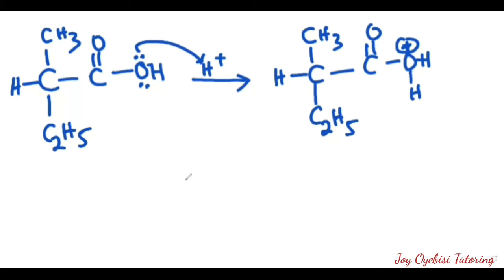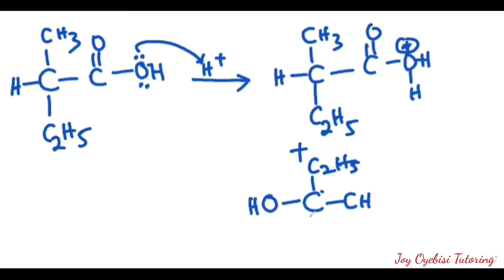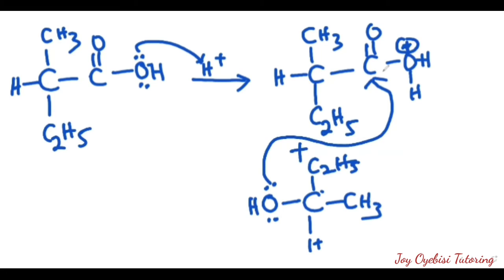So from here, you're going to have this plus the alcohol, C2H5OH. What happens is that the lone pair on this oxygen is going to attack this carbon. When it does attack this carbon, this double bond breaks.